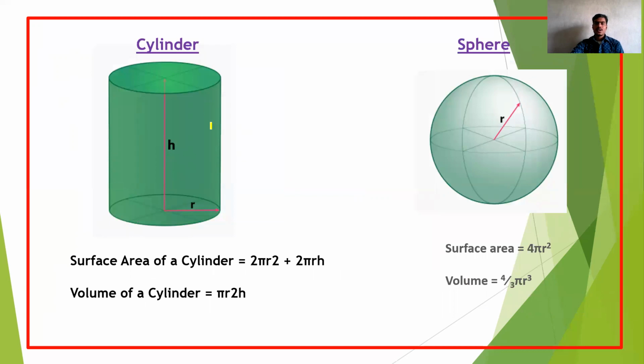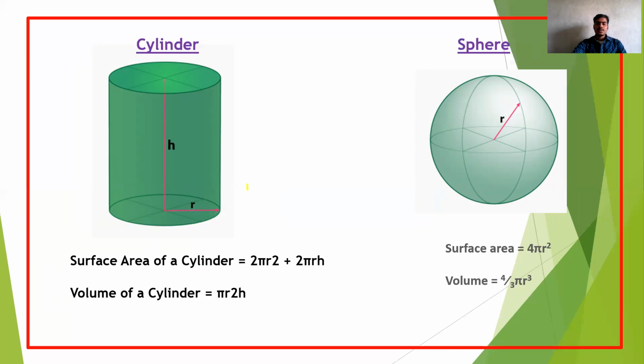Next come to the cylinder. Just imagine the pipe. That is a cylinder. H is the height of the cylinder and R is the radius of the circular base. What is the surface area of cylinder?